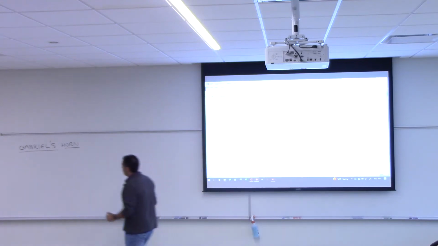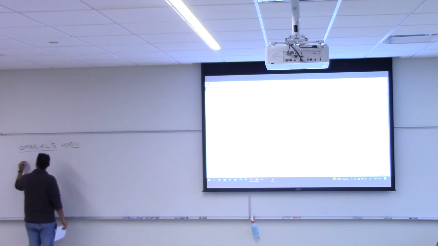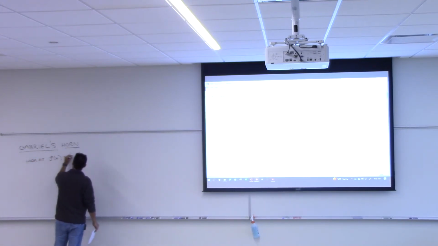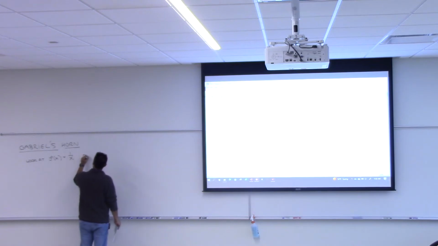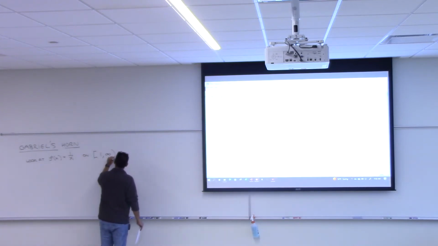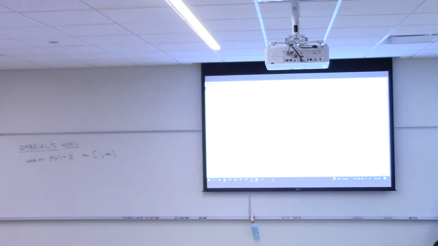We're not in chapter 8. We're still in chapter 7 here. What we're going to do is look at the function f of x equals 1 over x on the interval 1 to infinity. So what does 1 over x look like if you graph it on 1 to infinity?